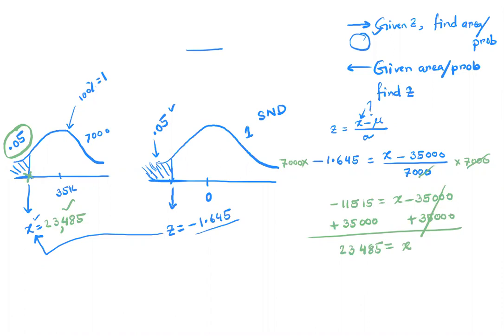Now I could be asking the same question, what about the top 5%? Okay, sure, we could do the top 5%. Or I could be asking, what about the middle 90%? All of these questions could be asked. Now you can see how statistics is a subject that could be applied to many aspects of our lives.